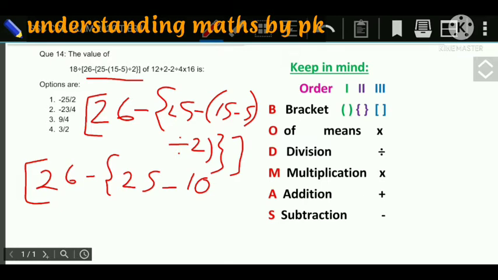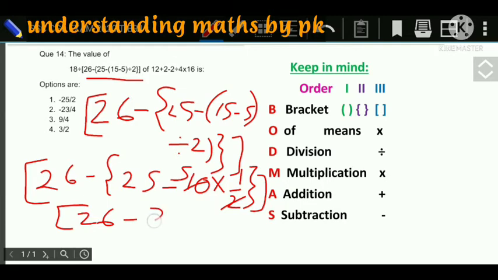On dividing this will be multiplied as 1 by 2, so this will cut 10 5 times, and here it will be left 26 minus, inside the braces, 25 minus 5 is 20, and already minus sign is there, so here it will be left as minus 20.